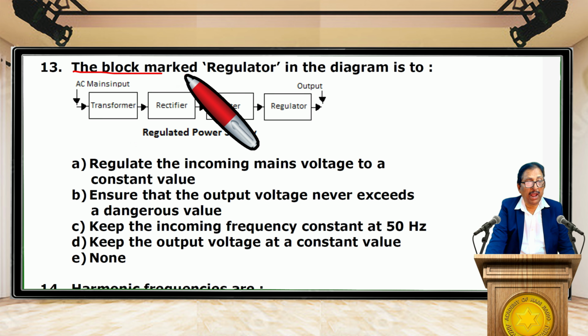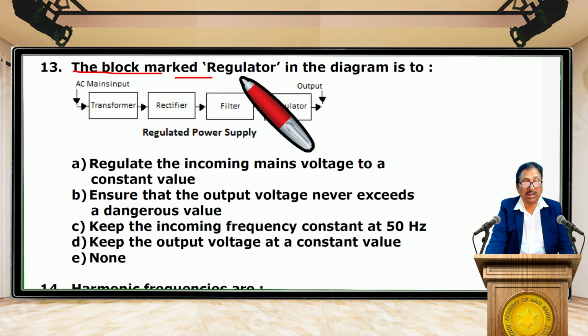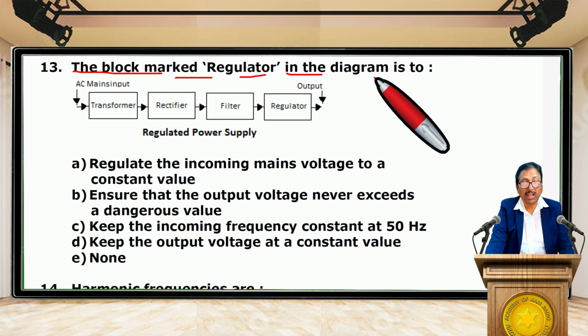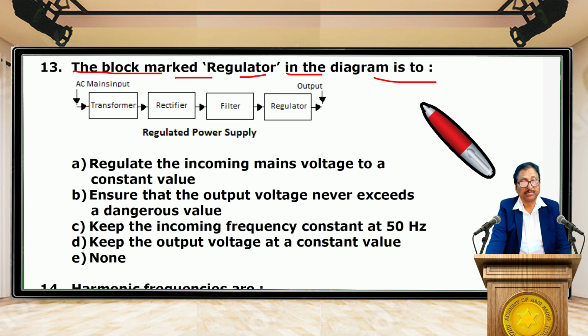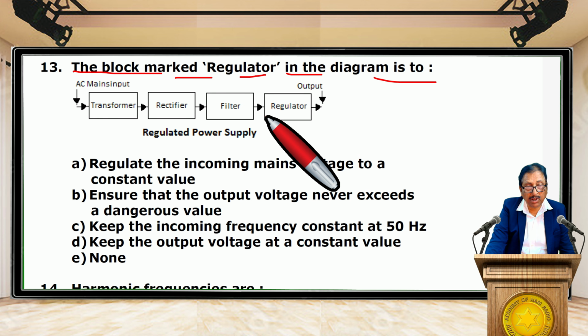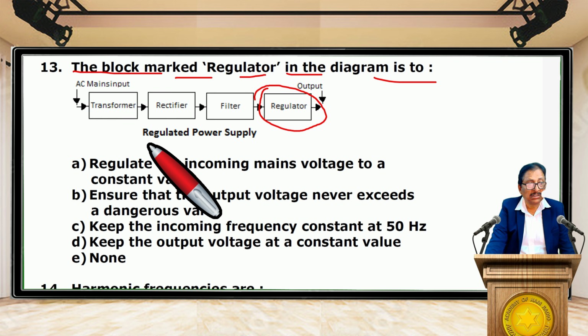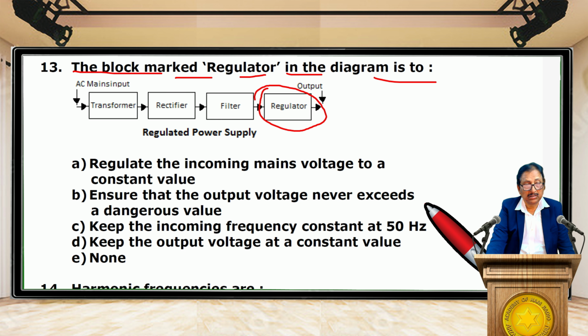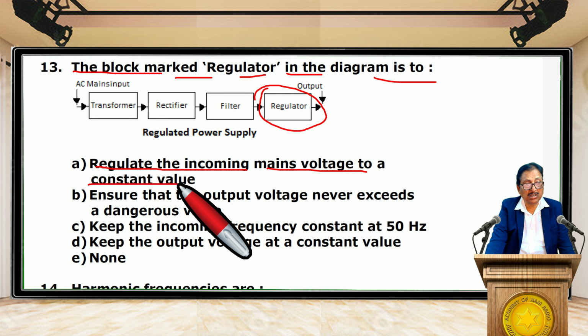Here, the black marked regulator in the diagram is this part, the regulator. It regulates the incoming mains voltage to a constant value.